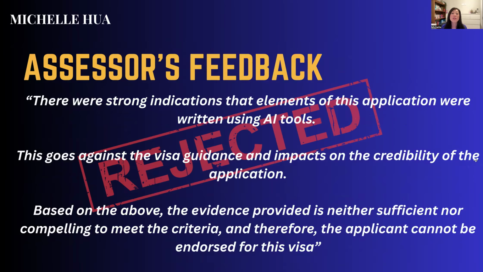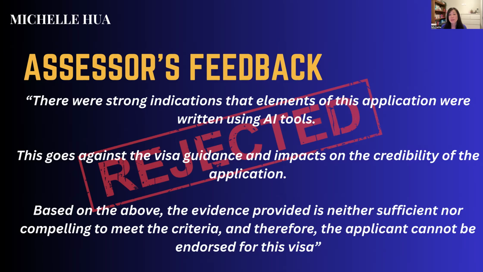This is because of the feedback that I've received and seen by assessors about AI tools. One assessor's feedback states: there were strong indications that elements of this application were written using AI tools. This goes against the visa guidance and impacts on the credibility of the application.